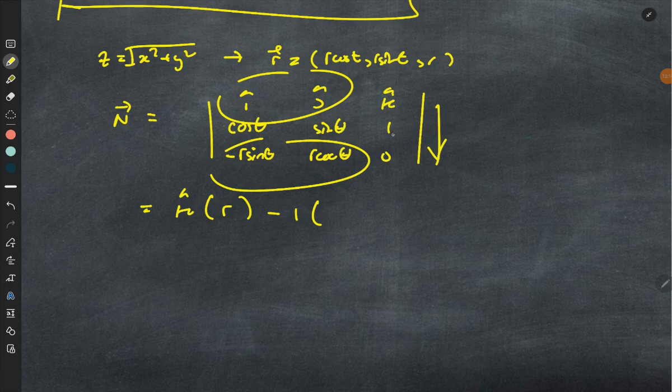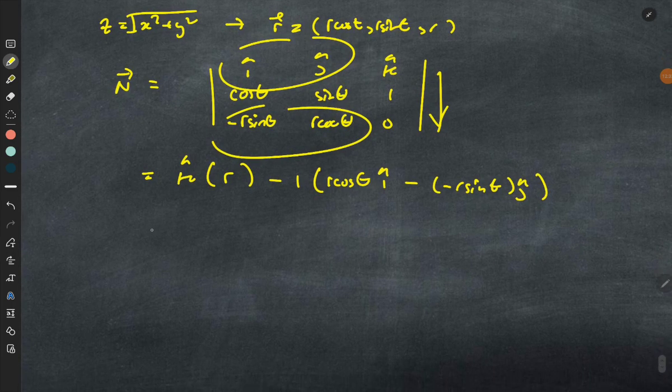How would this go? r cos theta i hat minus r minus negative r sine theta j hat, and then 0.